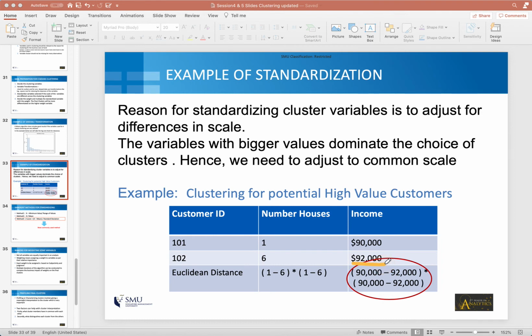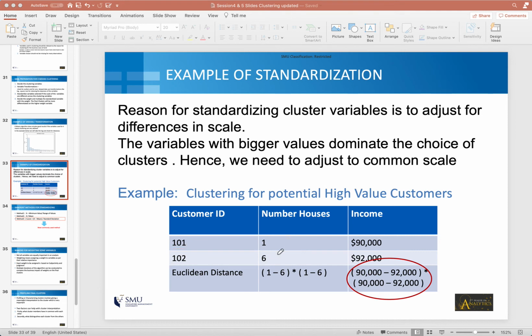So it would be quite intuitive to say that if you were to separate out the customers based on their potential value, then number of houses makes them more different as compared to their income. Even though on an absolute scale income has a difference of $2,000, that does not make these two people very different, versus having 6 houses makes customer 102 very different from customer 101.